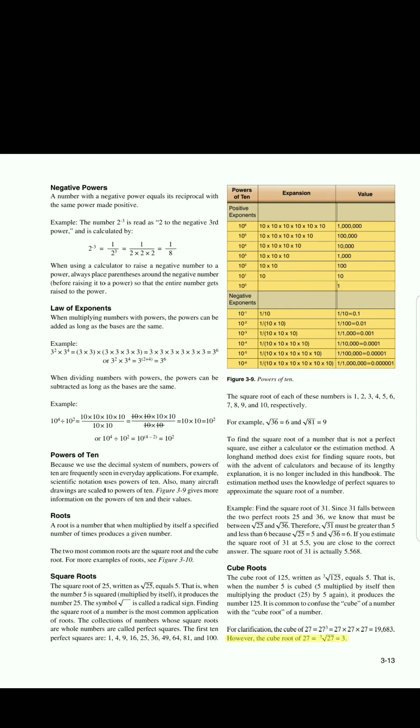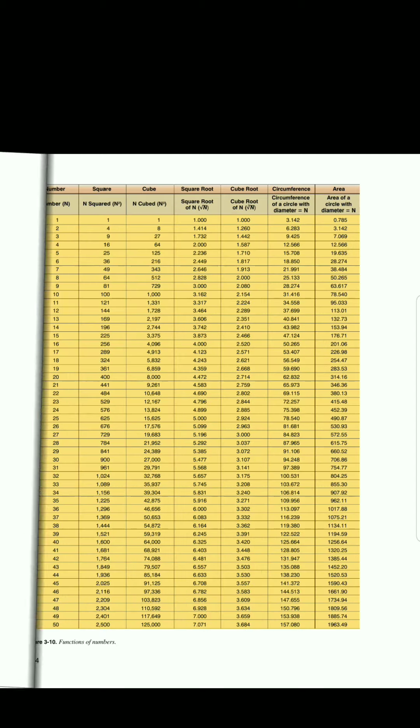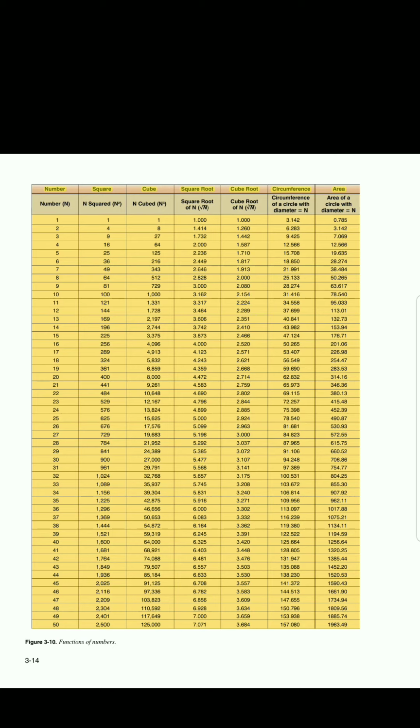Figure 3-13. Number, square, cube, square root, cube root, circumference, and area. For a number n: n squared, n cubed, square root of n, cube root of n, circumference of a circle with diameter equal to n, and area of a circle with diameter equal to n. For n equals 1: 1, 1, 1.000, 1.000, 3.142, 0.785.